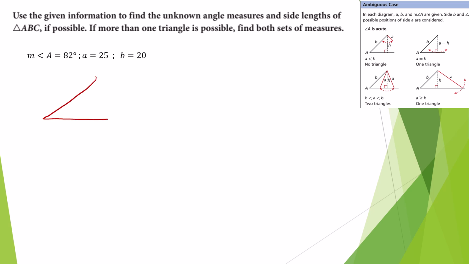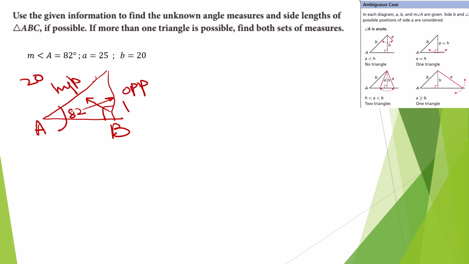So I have this over here, height. This is 90 degrees. Opposite to 90 degrees, we named it hypotenuse. Hypotenuse is here, B, which is 20 degrees. This is our A, which is 82 degrees. Opposite to this one, the name is opposite. And we name it as height because we have to find out the h.